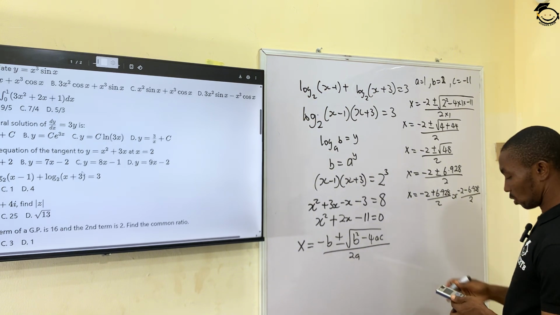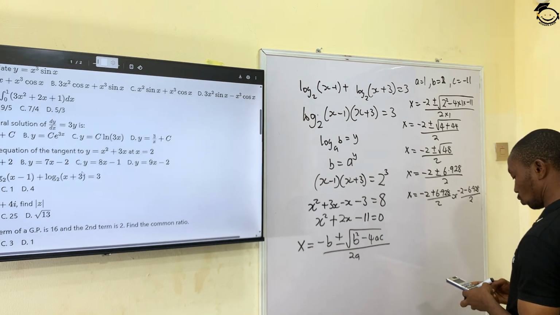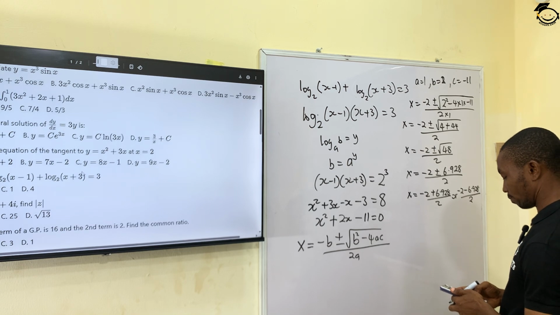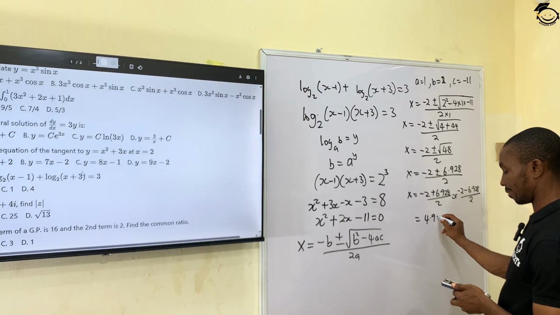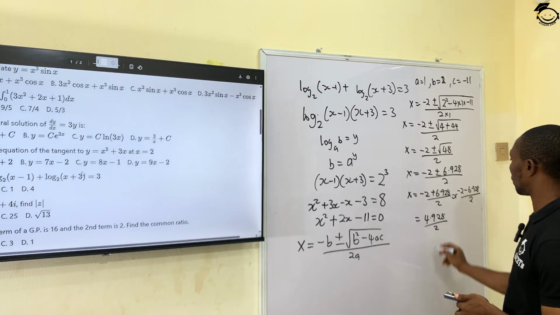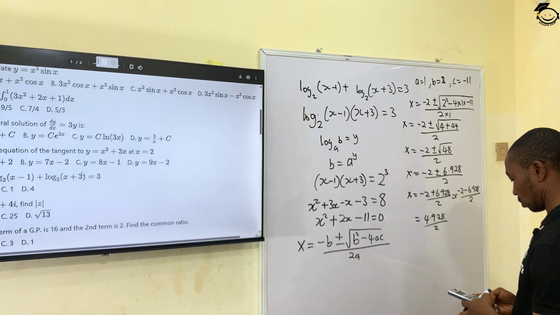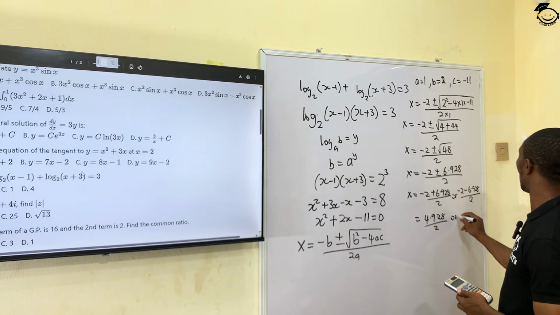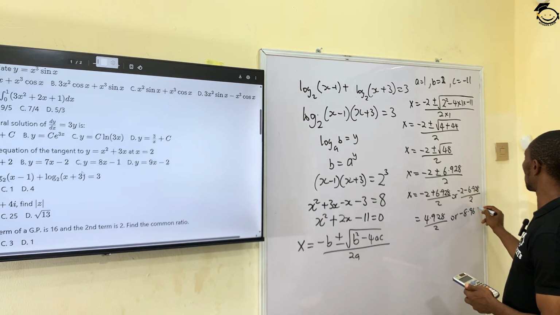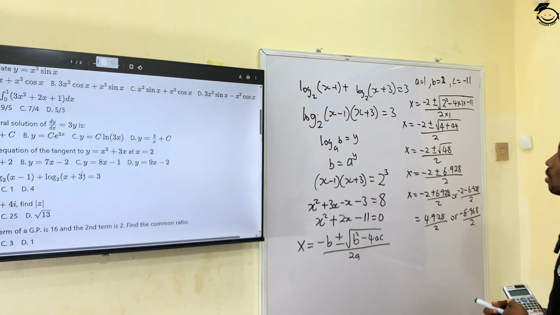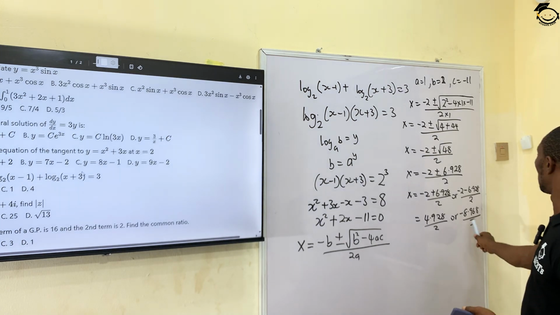Okay, so 6.928 minus 2 would give us 4.928, divided by 2, or minus 8.928 over 2. But since we are looking at logarithm, our answer can't be negative.